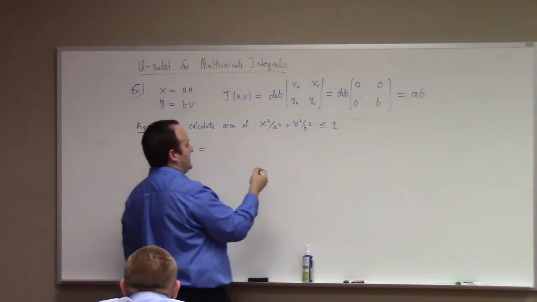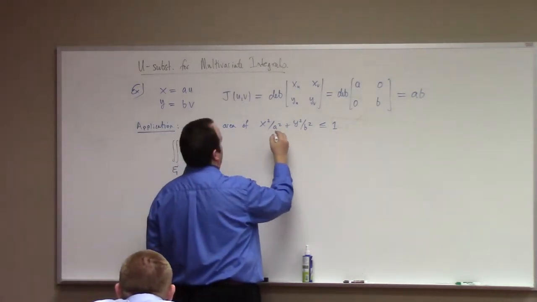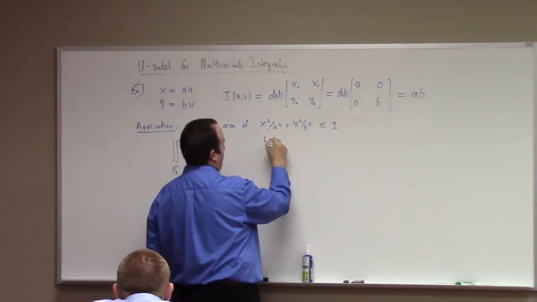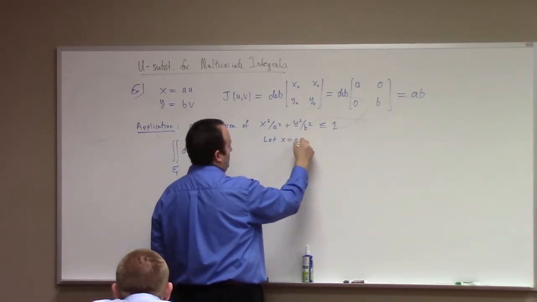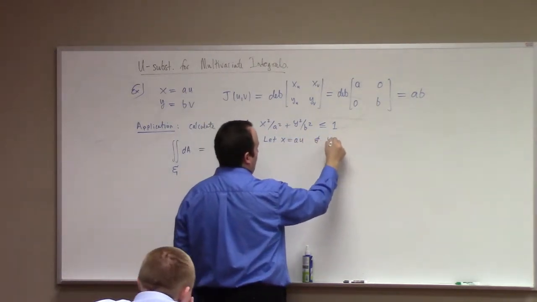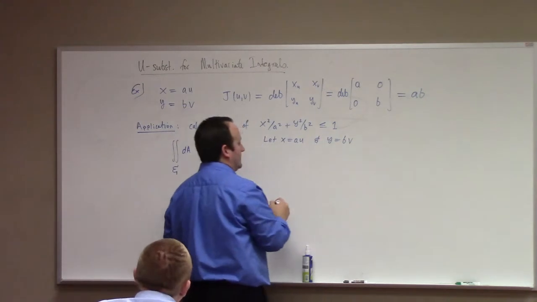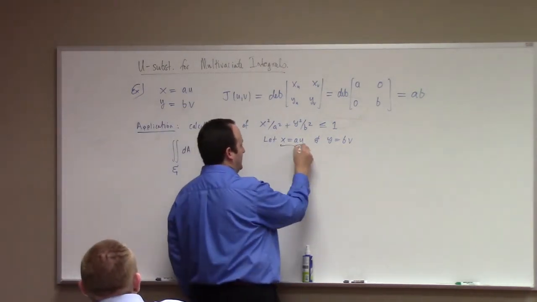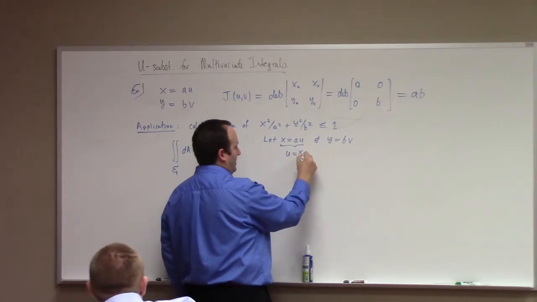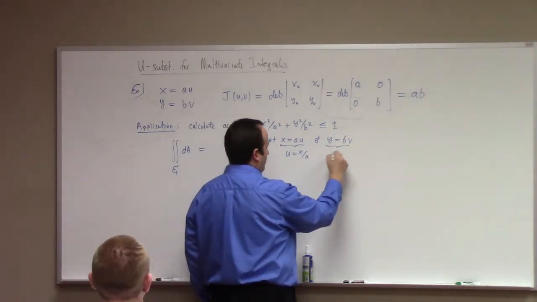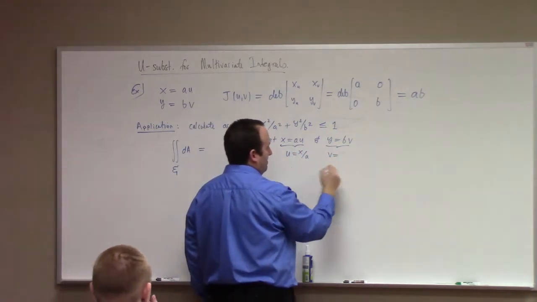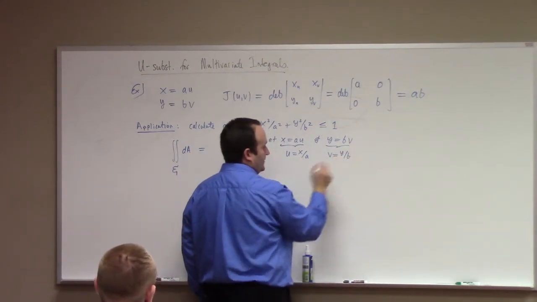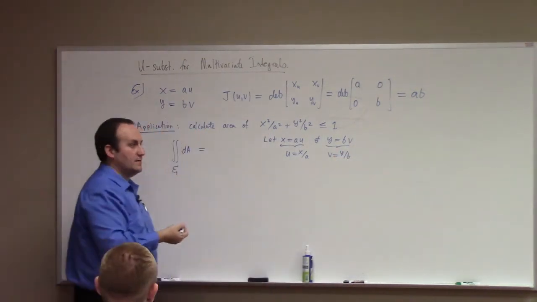But what happens if you let x equal au and y equal bv? Then u is equal to x over a, and v is equal to y over b.